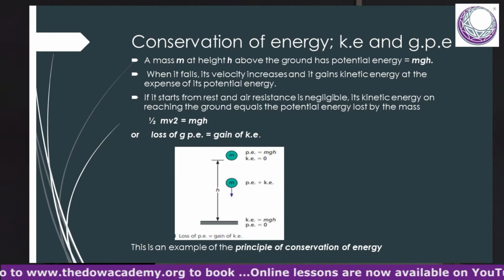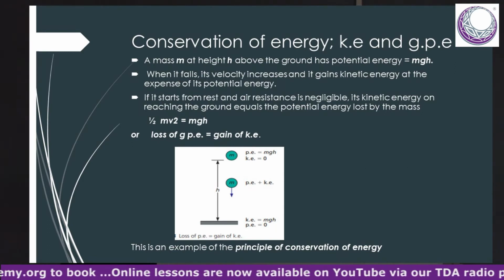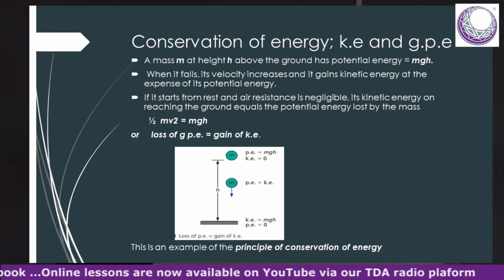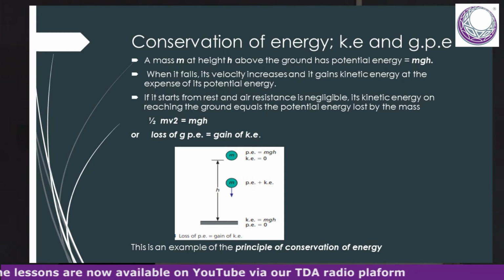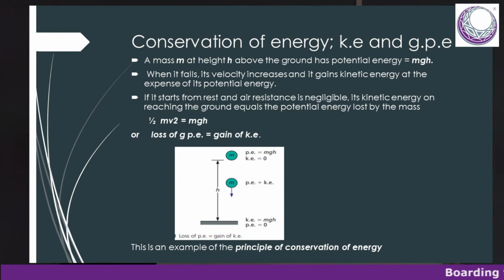Then, point number 2, when it falls, this mass of ours is going to fall. Its velocity, speed, increases and it gains kinetic energy. Because it's falling, it's moving downwards, it gains KE. And at the expense of potential energy, it's losing GPE because it's losing height. Some of that GPE is being converted to KE. This is what we have here now, in motion.